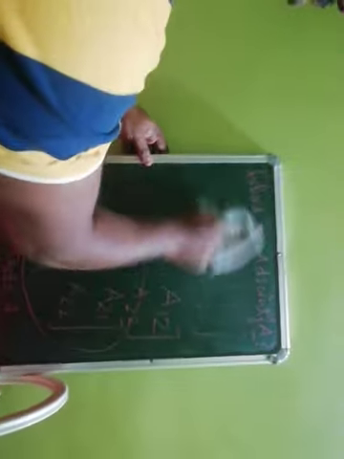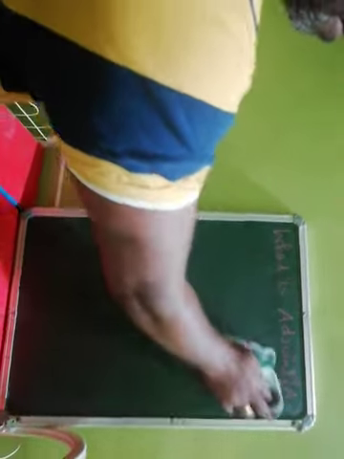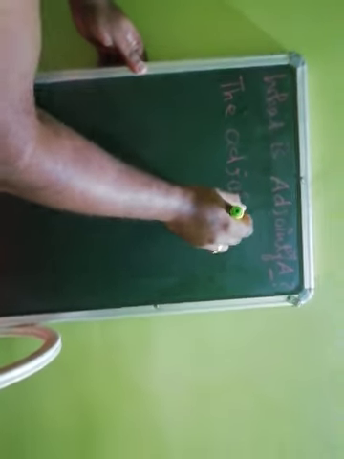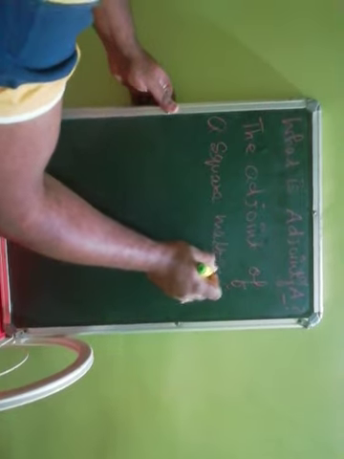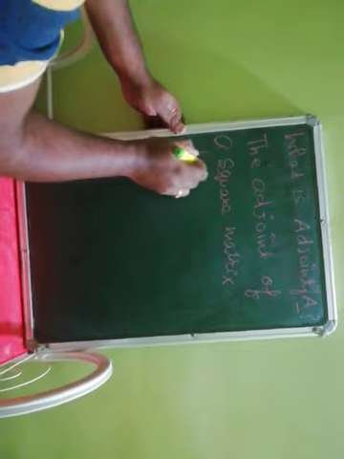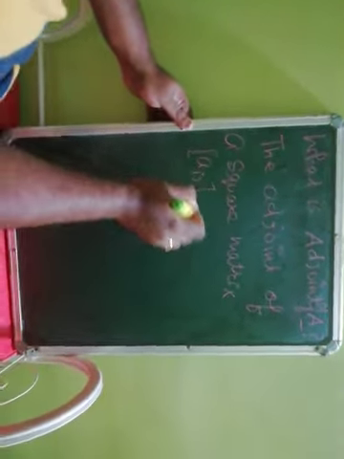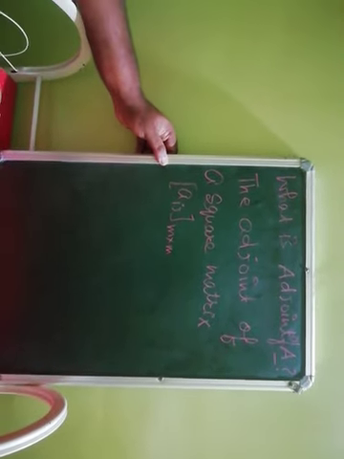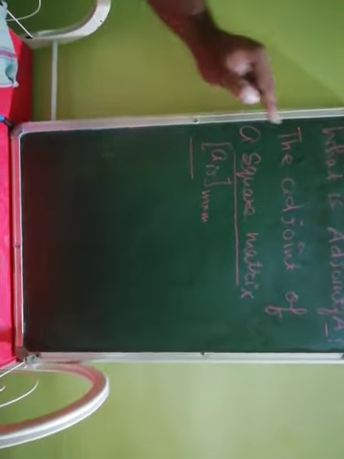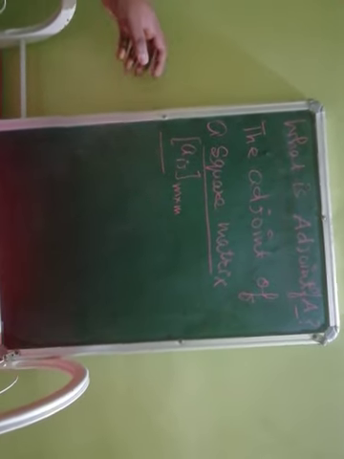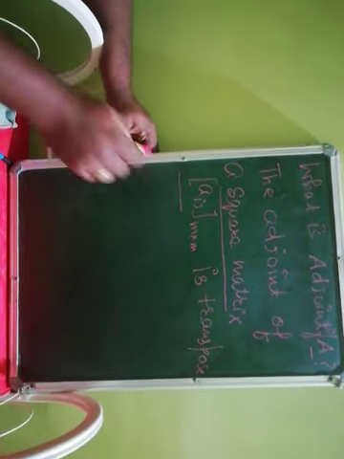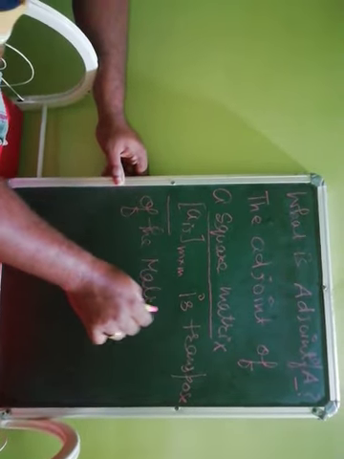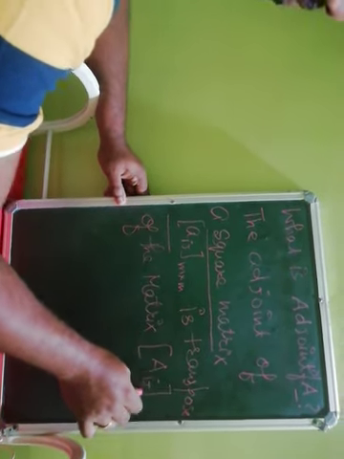So let me write the definition of that. The adjoint of a square matrix Aij of order m into m, that is, the number of rows and number of columns is the same, so you can see it is a square matrix, is the transpose of the matrix capital Aij m into m.